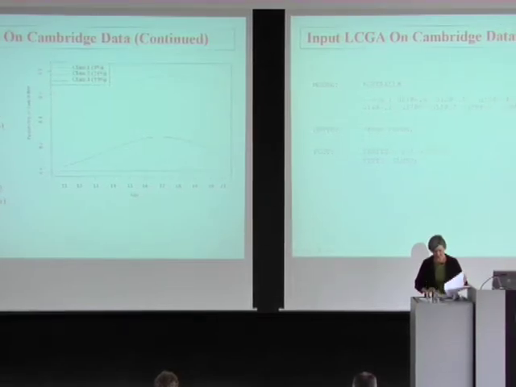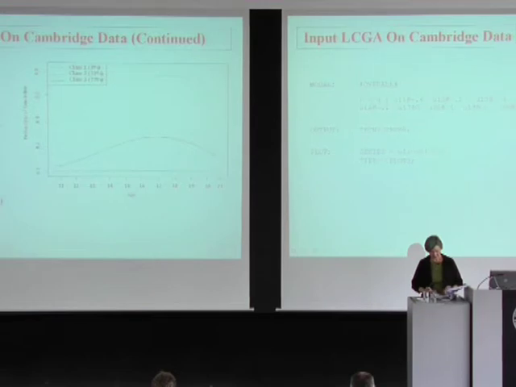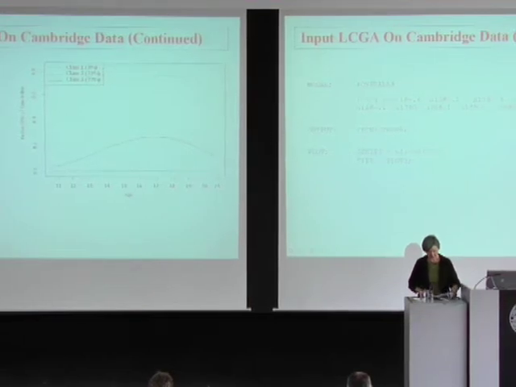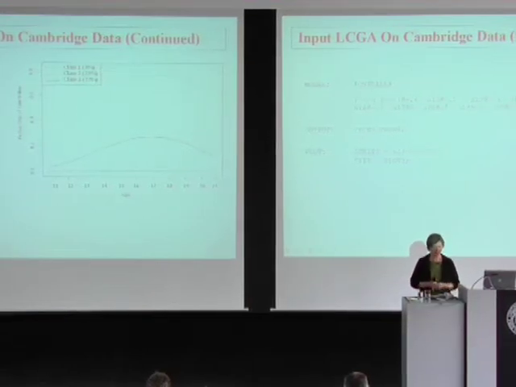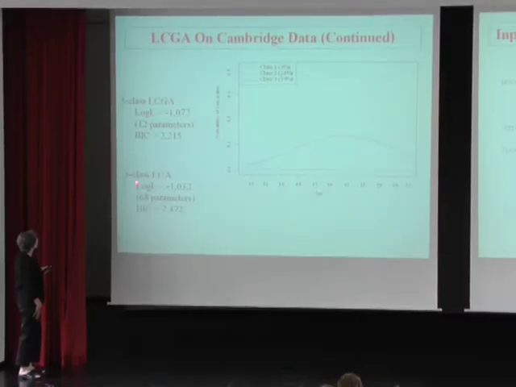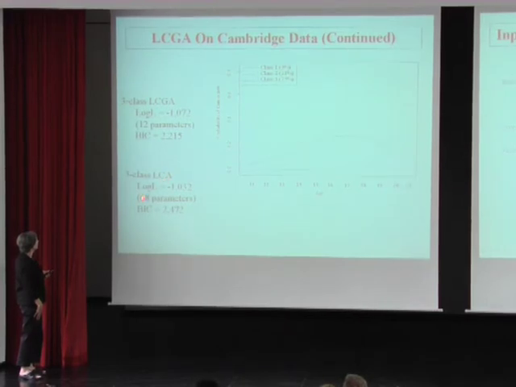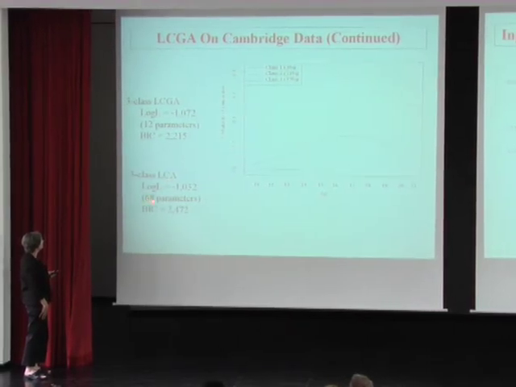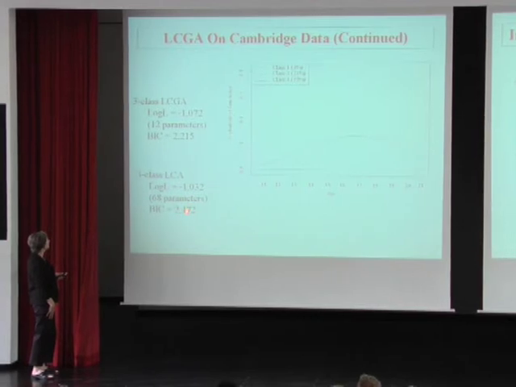So now we have the results of our LCGA. So here's the LCGA at the bottom. We have our results for our LCA, 68 parameters, a BIC of 2472.